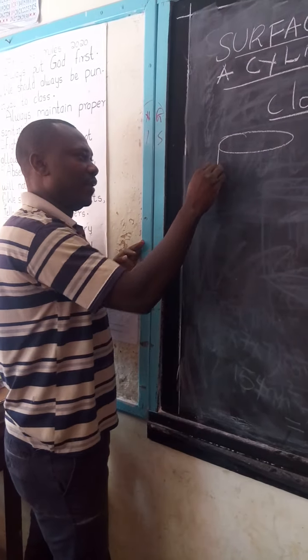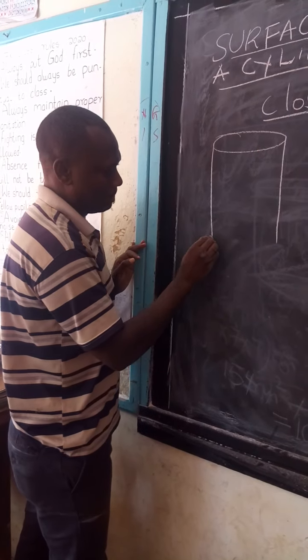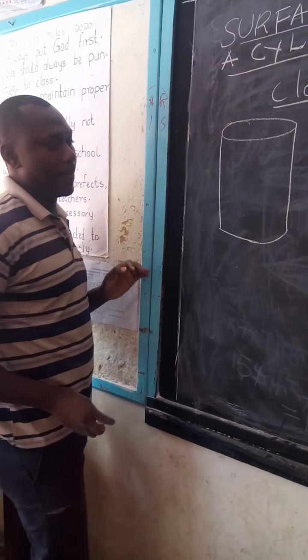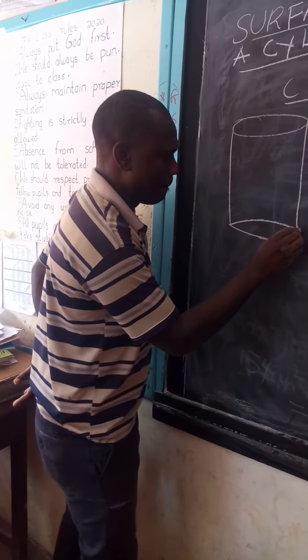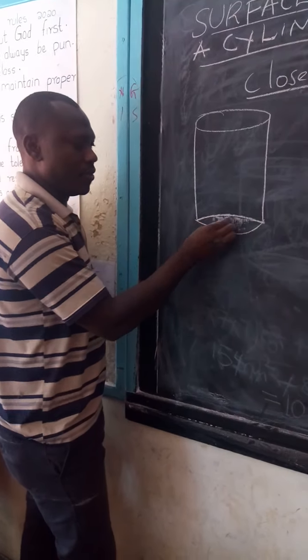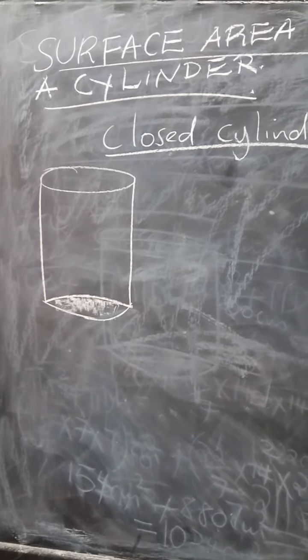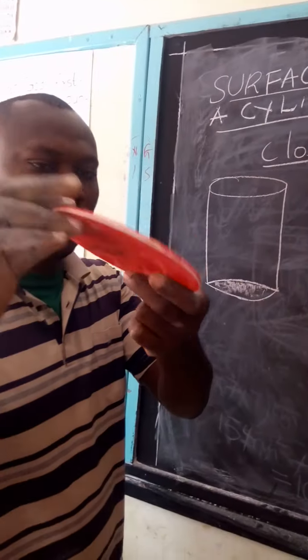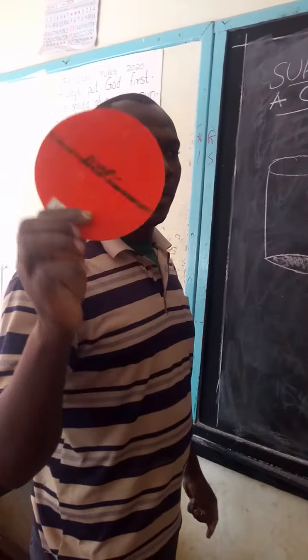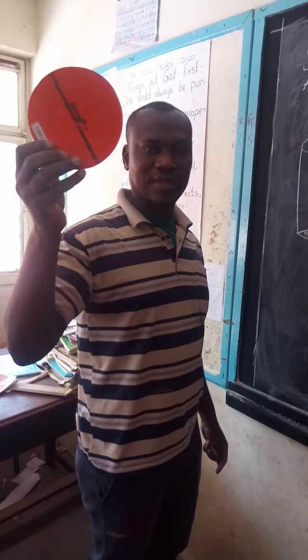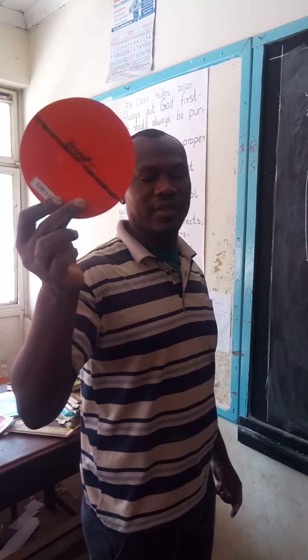It looks like this. It has the bottom here, a lid at the bottom. Because a lid is something of this kind, a circle, and we know what a circle is and how to get the area of a circle.